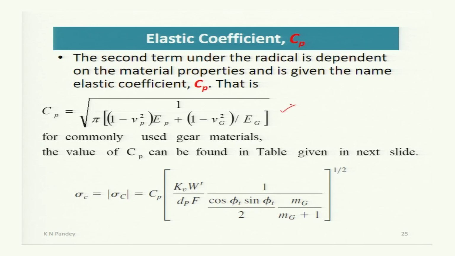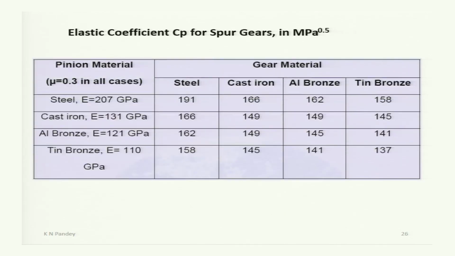Cp is this one, and the Cp is determined from this table depending on the material of the pinion and the material of the gear. If the material of the pinion is cast iron and the material of the gear is steel, then Cp, the elastic constant, is 166 megapascal to the power 0.5.